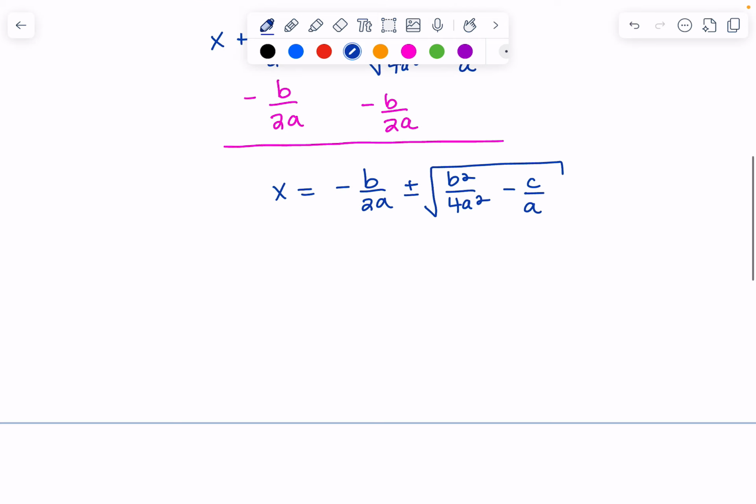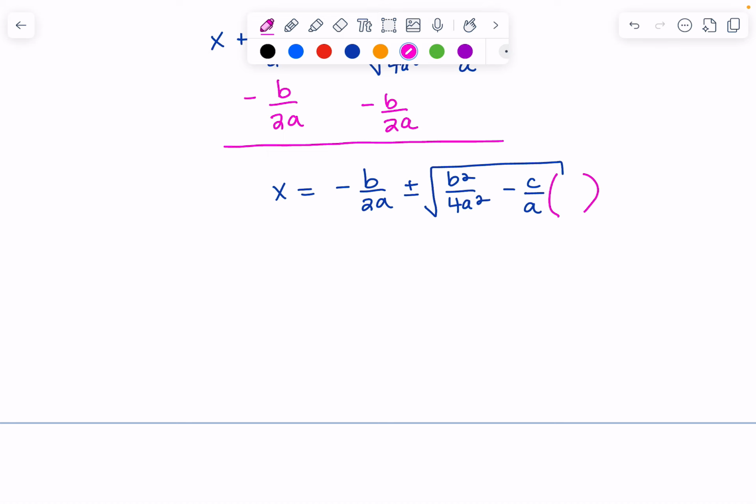And our goal was to solve for x, and you can see here we've done that, but this isn't typically what you see as the quadratic formula because that's not super easy to memorize. So what we're going to do is clean it up with some algebra so that we'll end up with something that is the quadratic formula, which is a lot easier to memorize than this right here. But this would still give you the answer, just a little bit messy.